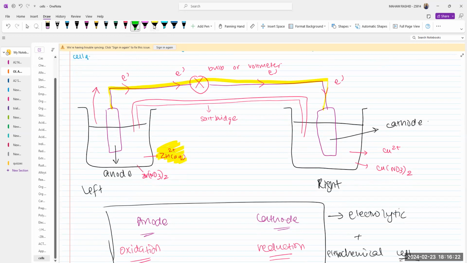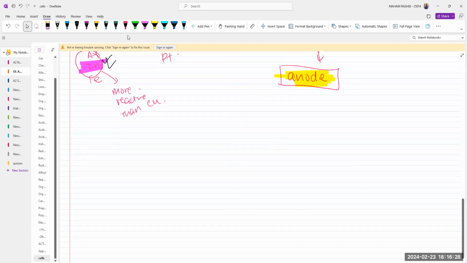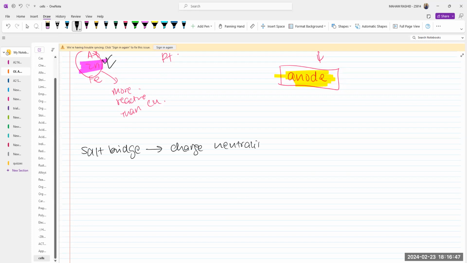One more thing here is the salt bridge. Salt bridge will not come in a lot of detail. I will be explaining it to you from an A levels perspective, just in case you want to know what it's for. So salt bridge basically is for charge neutrality.